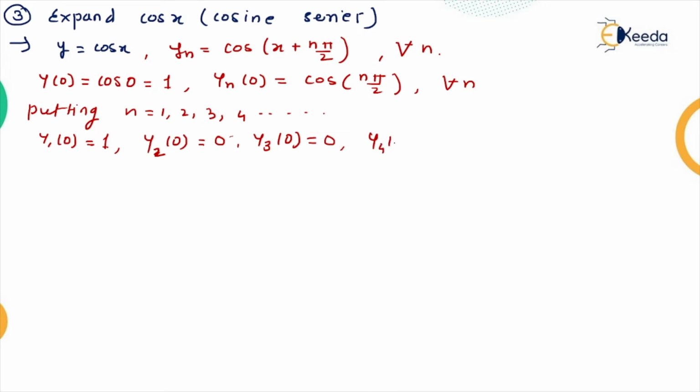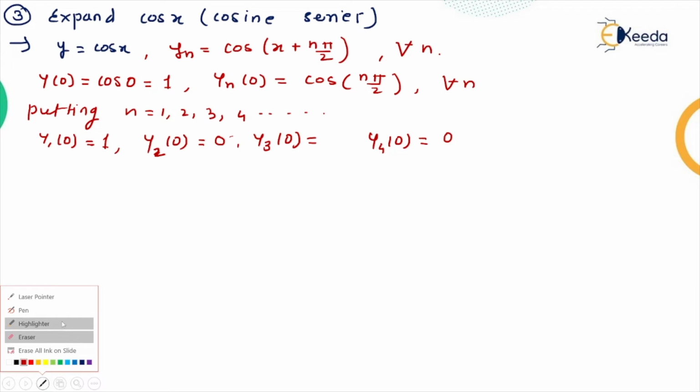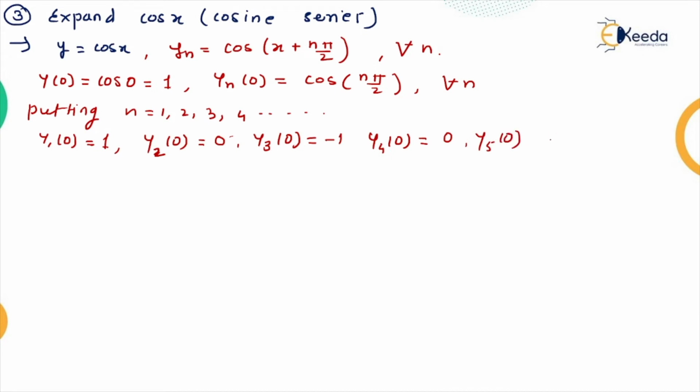Then y4 of 0, you know, guys, is 1. Okay, similarly y5 of 0, what is the value? It means cos of 5 pi by 2, which lies on the first quadrant axis, therefore this value is 0, and so on.